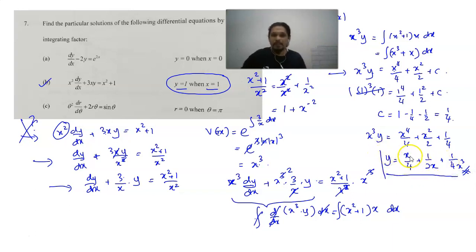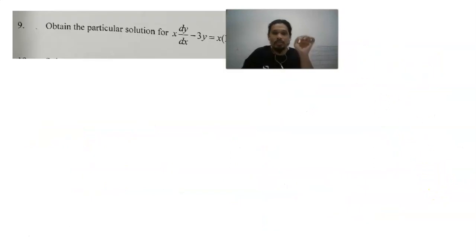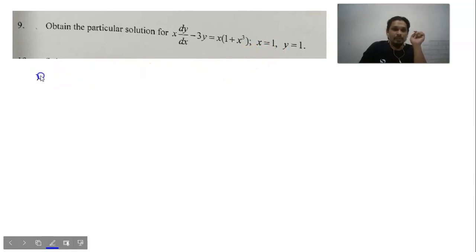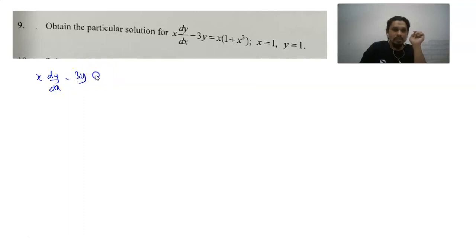Okay, this one here now. Then the last final question for this video: x dy/dx minus 3y equals x times (1 plus x cubed). Again, this equation is not in the general form for an integrating factor because the coefficient of dy/dx is not equal to 1.